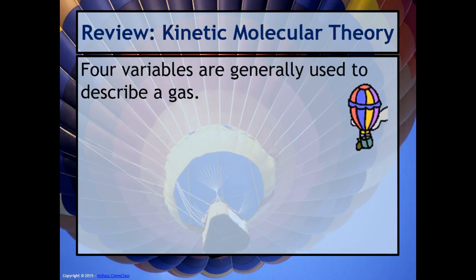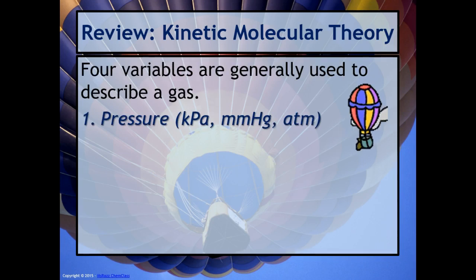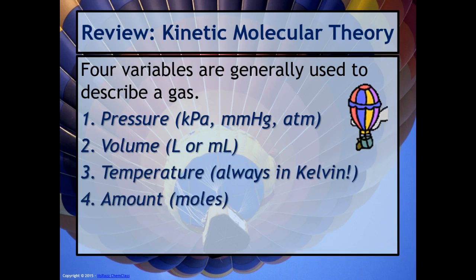Four variables are generally used to describe a gas, and I want you to write all four of these down: pressure, volume, temperature, and moles, the amount. For pressure, we have different units: kPa, which is kilopascals, and we'll talk more about these in class, millimeters of mercury, and atmospheres. This is the most common, this is the second most common, and we sometimes use that one.